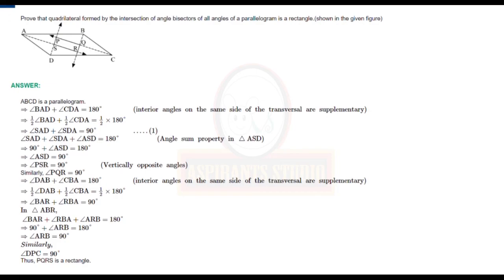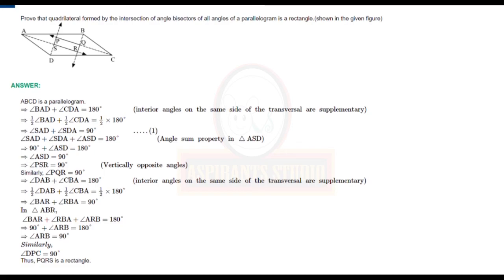Now substitute here. In triangle ABR we have measure of angle BAR plus measure of angle RBA plus measure of angle ARB is equal to 180 degrees. In that, instead of measure of angle BAR plus measure of angle RBA, you substitute 90 degrees.